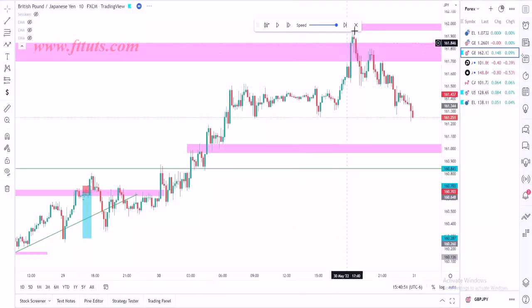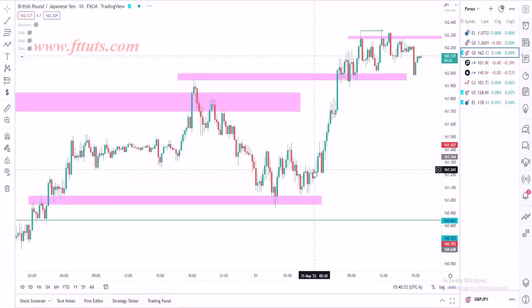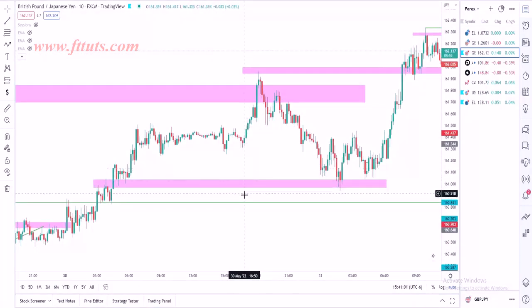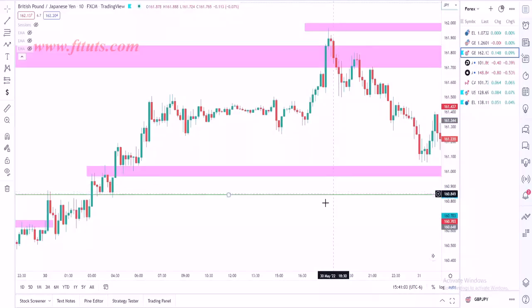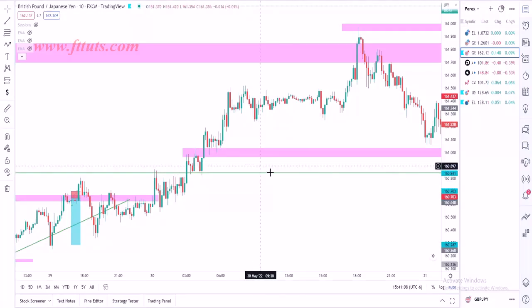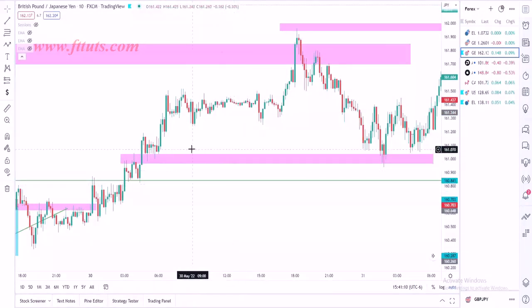Okay, let's go back to the 10-minute. And I would say something for order blocks. Look for the most obvious order blocks. Don't try to make anything happen in the market. Just look for what stands out to you. Just look for like, oh shit, look at that. Wow.